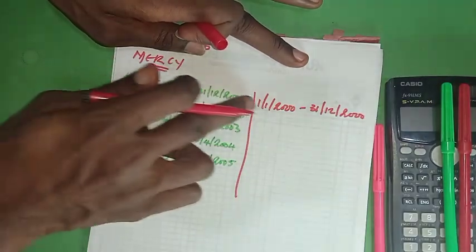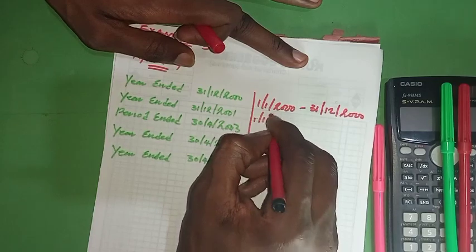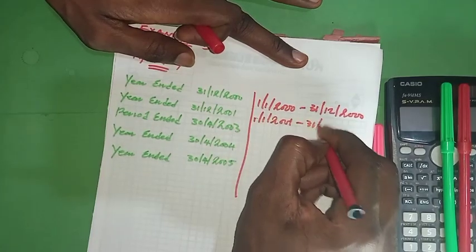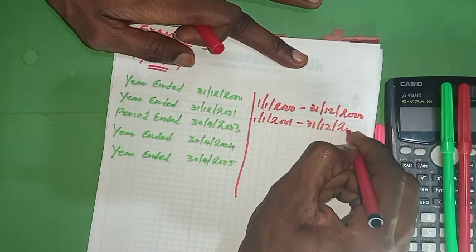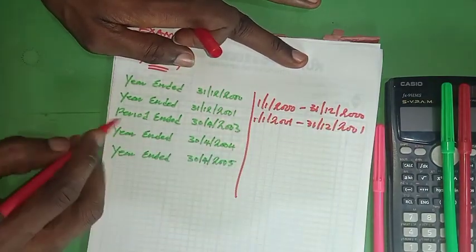Now they prepare the account normally here. Here the account is normal, 2001 to 31st December 2001. Normal. Now this is period.